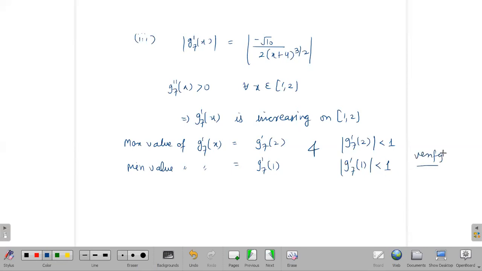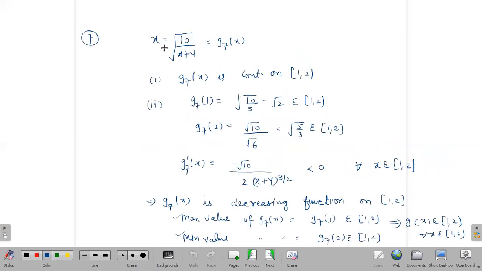That will be strictly less than 1 only. Since both the values are strictly less than 1, because these are the maximum value and minimum value, you will say its derivative is strictly less than 1 for all x belongs to (1, 2). So now all the three conditions are satisfied by this g of x. So this is the appropriate g of x, and our second step is over.